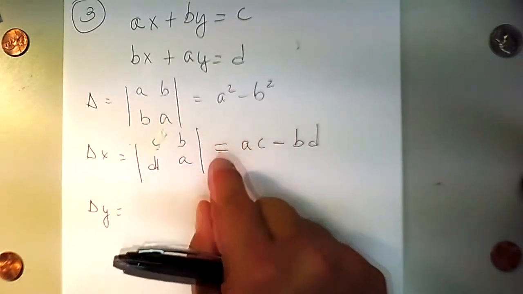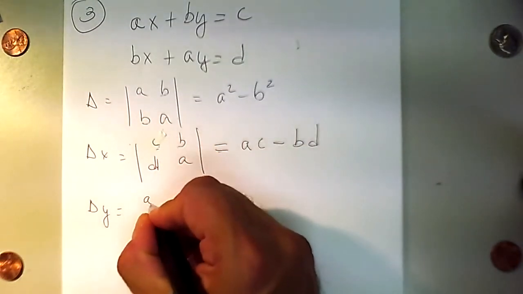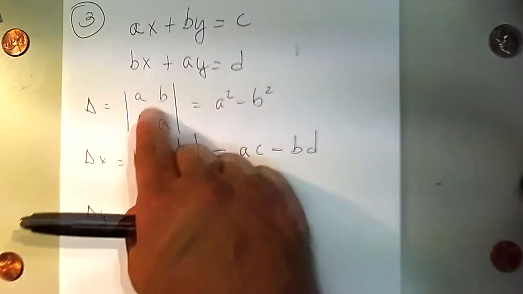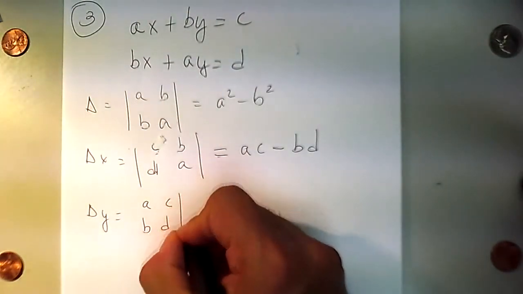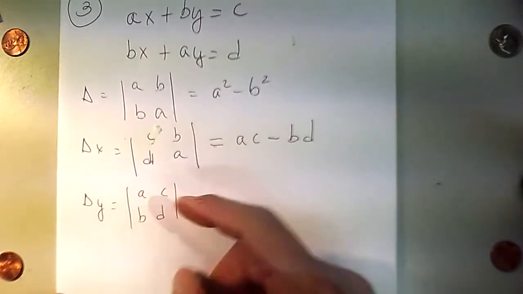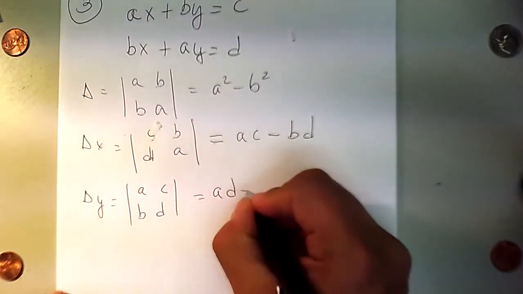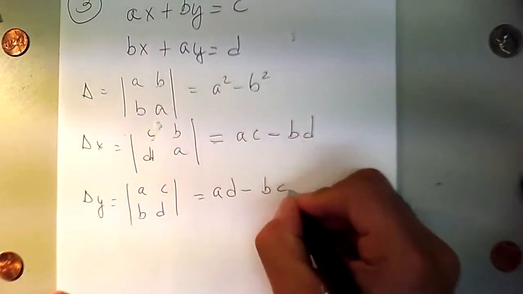The other one is going to be the other determinant, a, b, same column. Replace that column with c, d. So then we got ad minus bc.